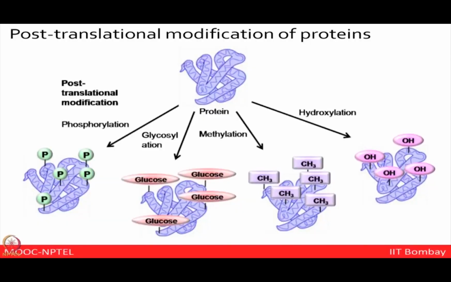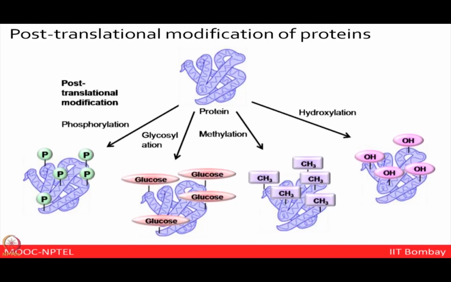Further, this information could be much more complicated because each protein may also get modified based on the attachment of phosphate residue, methyl residue, glucose or other sugar molecules, hydroxyl residues. Many of these modifications, known as post translational modifications, are very relevant for the functional information of the protein.